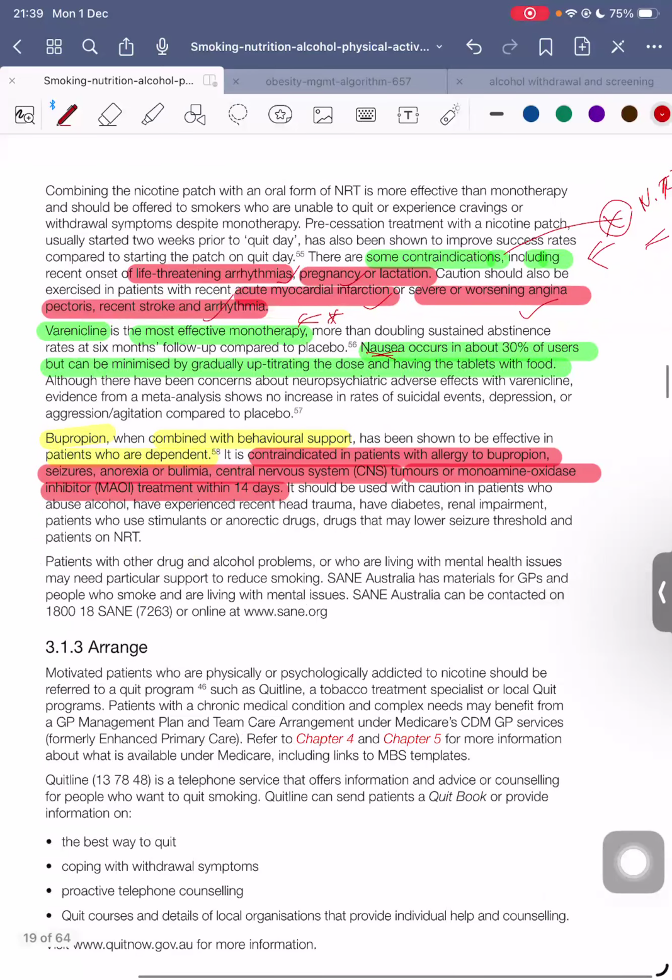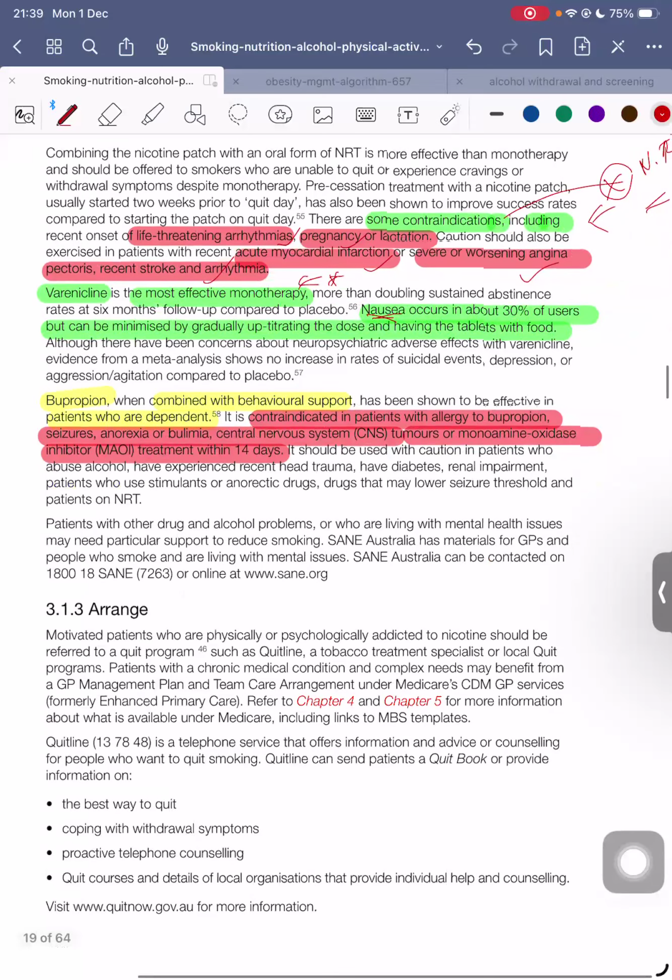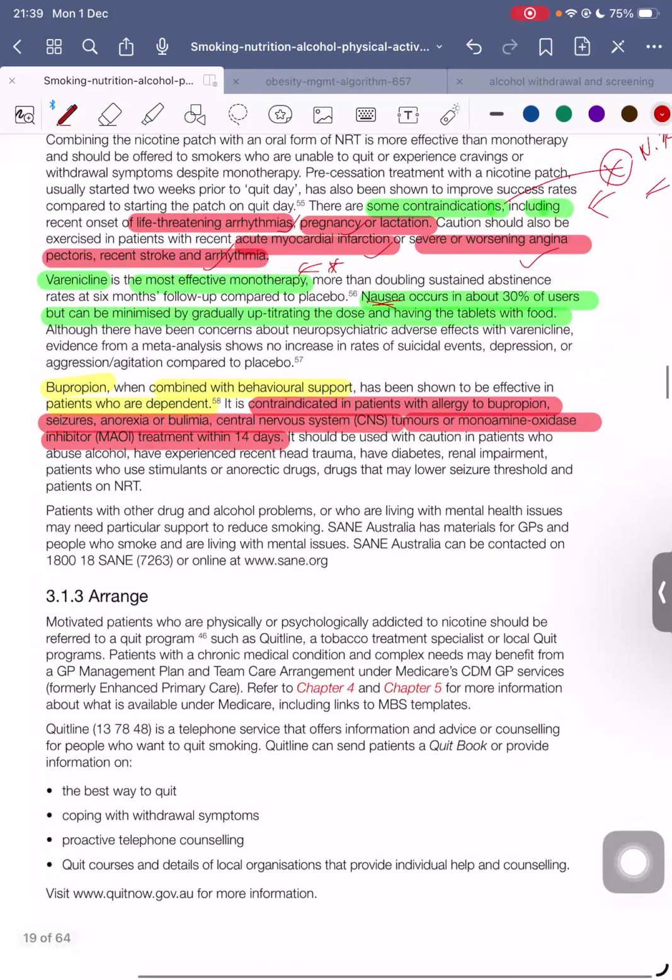Okay, remember this. And although there have been concerns about neuropsychiatric adverse effects, here we have nausea and the neuropsychiatric adverse effects with varenicline. So, evidence from meta-analysis shows no increase in rates of suicidal events, depression or aggression, agitation compared to placebo.